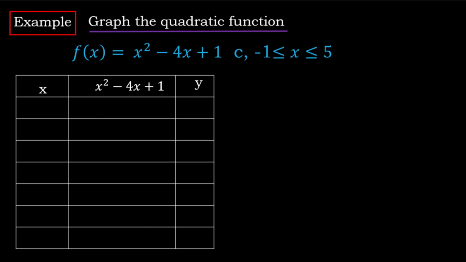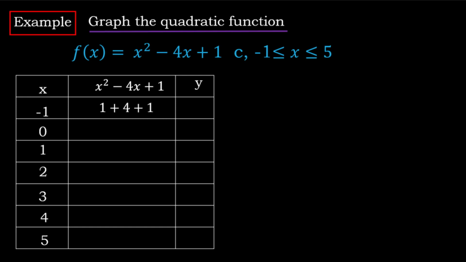The values of x will be -1, 0, 1, 2, 3, 4, 5, and we can calculate the function of -1, 0, 1, and so on, as we studied before.